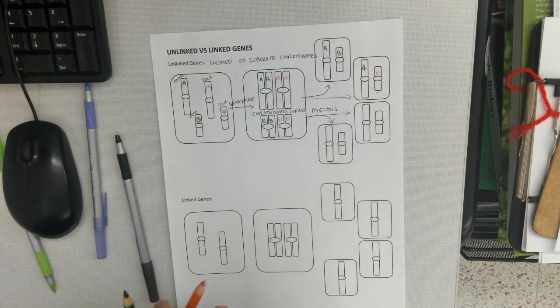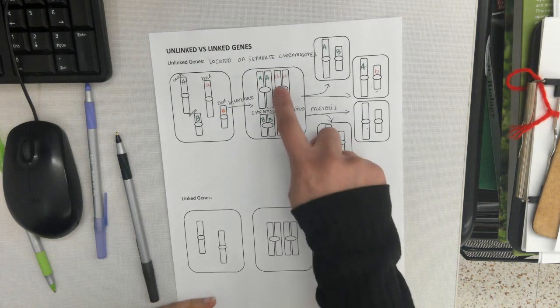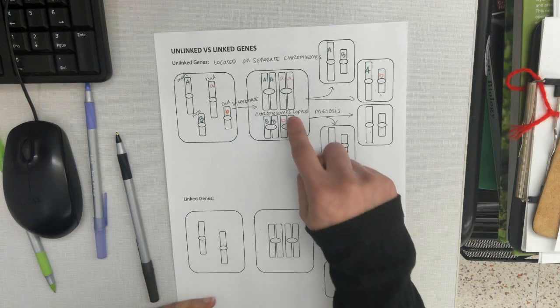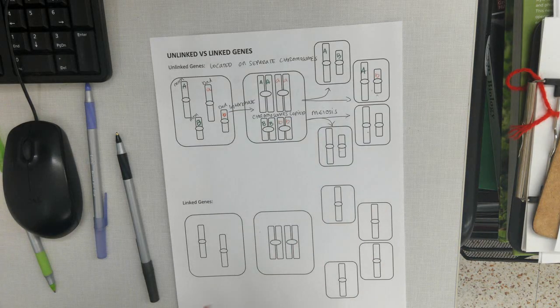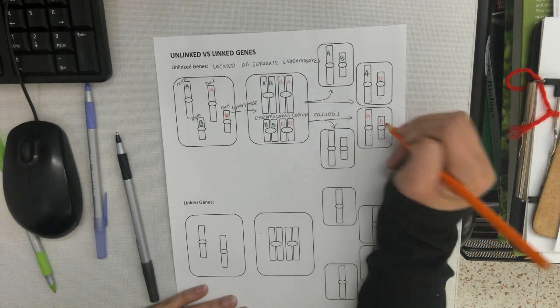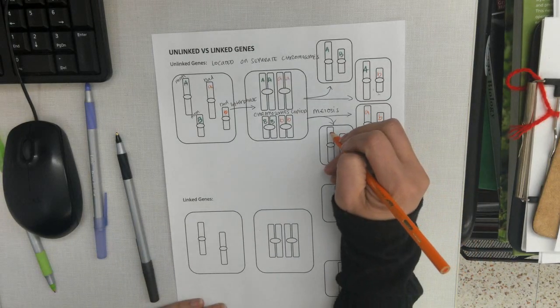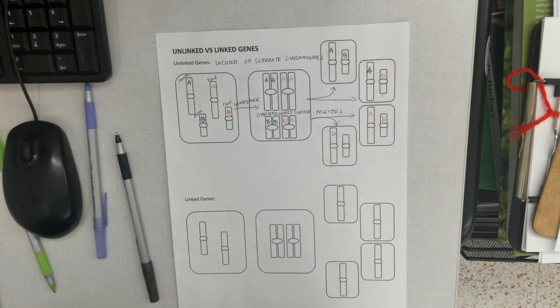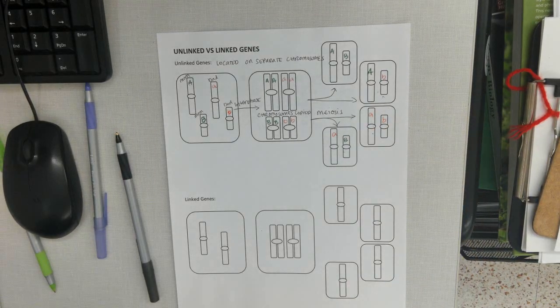So then maybe these chromosomes are going to be put into one cell, a recessive A and a recessive B. And then maybe we have a different combination where the recessive A is there, but the dominant B is given by mom.